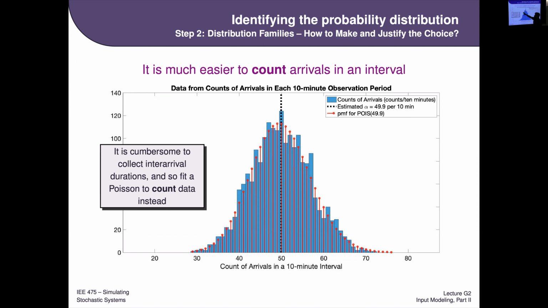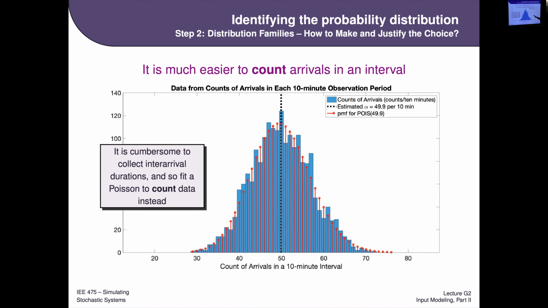I get a distribution that looks like this, which means the average here is that 50 people arrive in every 10-minute block, sometimes as few as 30, sometimes as many as 70. This I can fit to a Poisson. I can say, this looks like a Poisson. It's nice and symmetric because this alpha value is very high. My best fit Poisson here has an alpha value, a mean value, of 49.9.